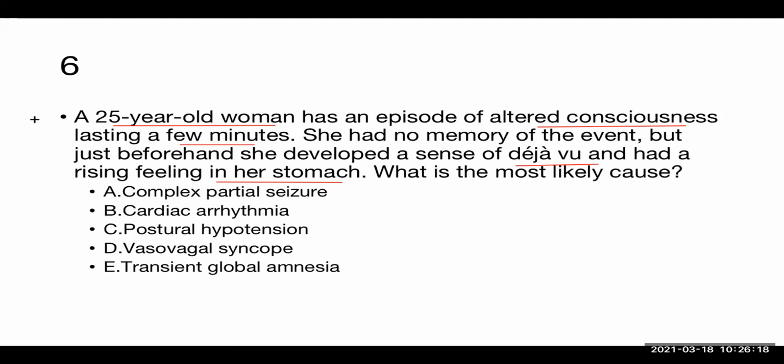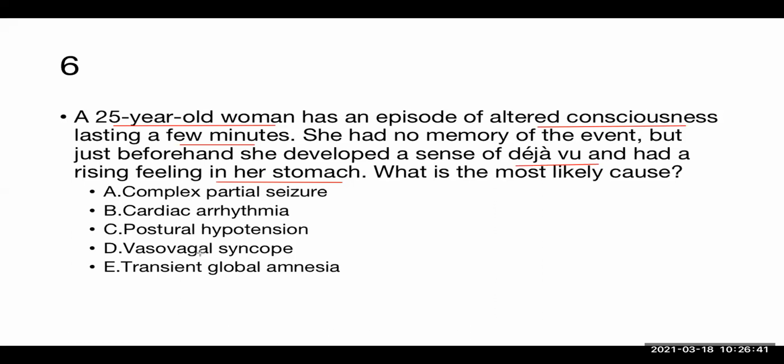She is a 25-year-old female, with episodes of altered consciousness lasting a few minutes. So this is maybe a bit of loss of consciousness. She had no memory of the event, but just beforehand she developed a sense of deja vu and a rising feeling in her stomach. That rising feeling in her stomach is aura. He's absolutely right.